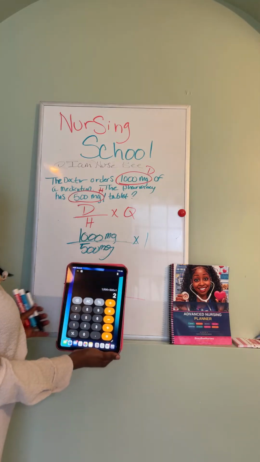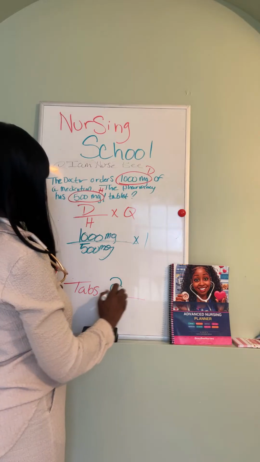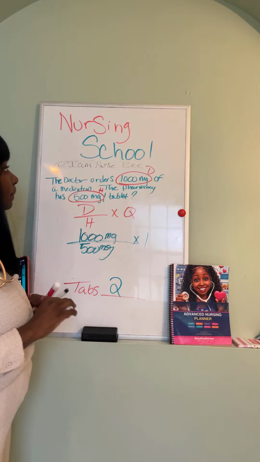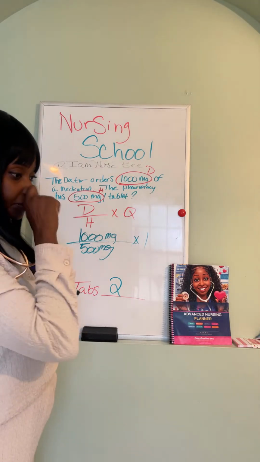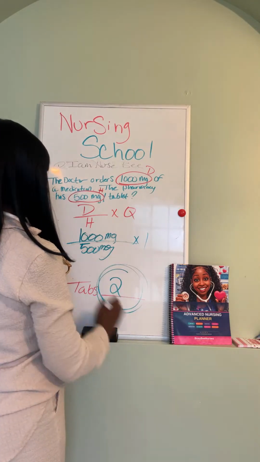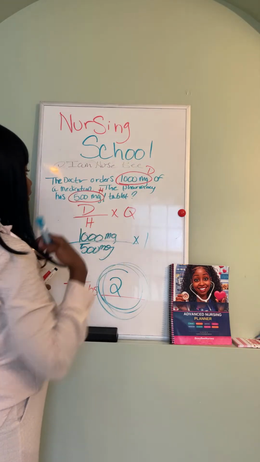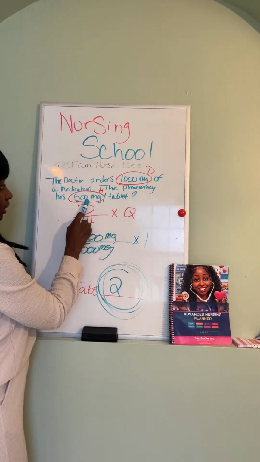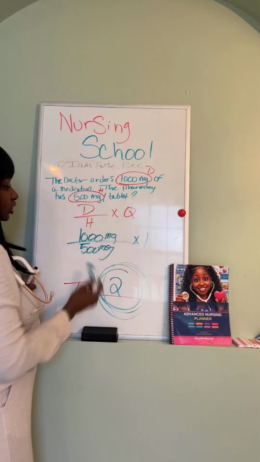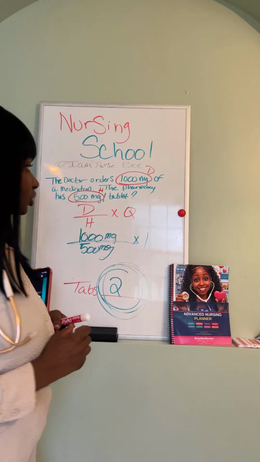You're going to give that patient 2 tablets. 2 tablets is the answer. So this is your desired, and this is what the pharmacy has on hand. You're gonna plug it into this equation, and this is what you get.